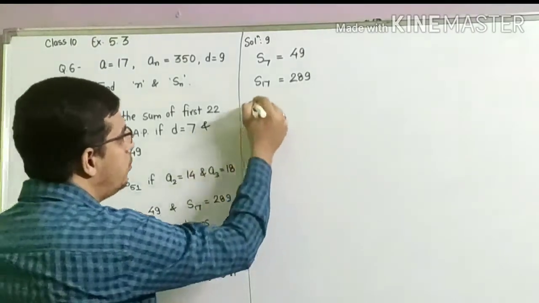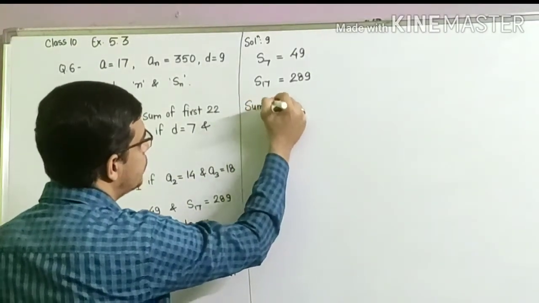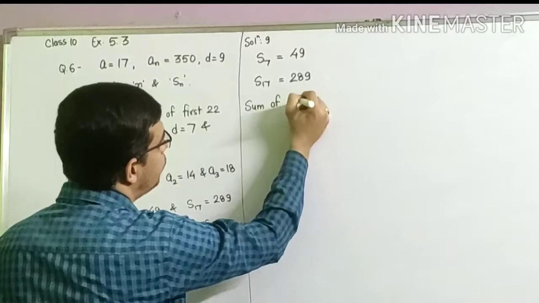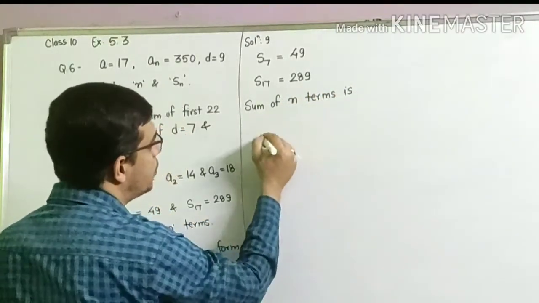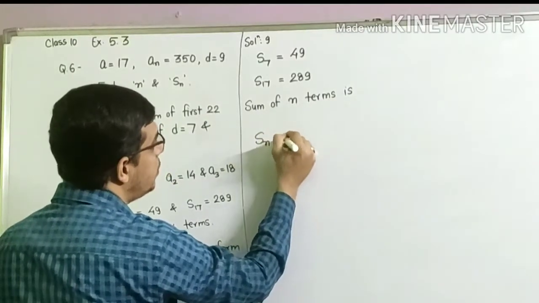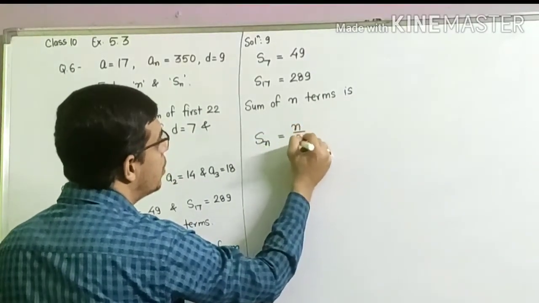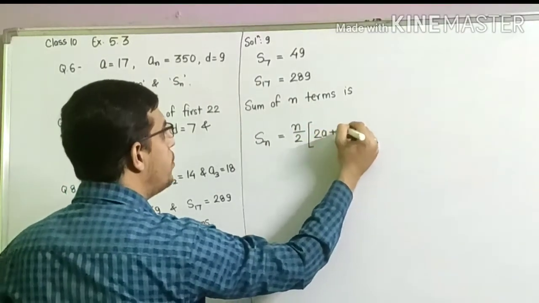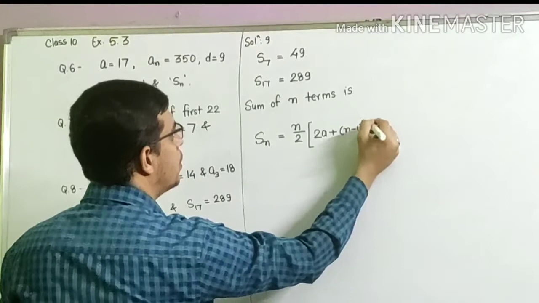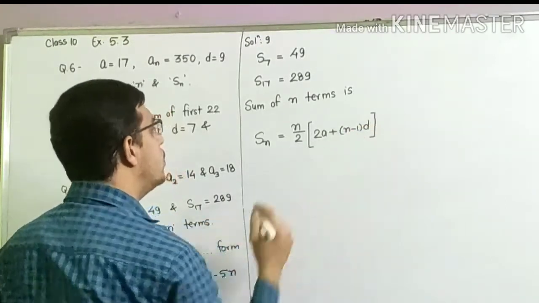Okay, now the sum of n terms is what? Sn is equal to n by 2 into 2a plus n minus 1 into d.